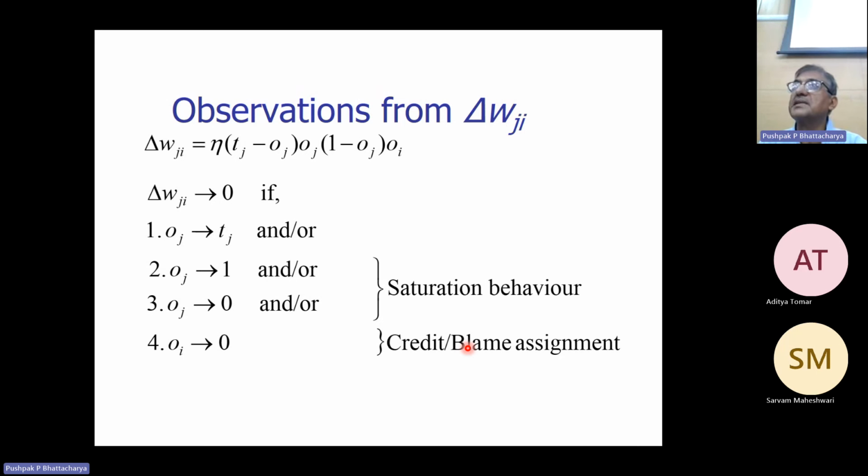Who has contributed maximum to this profit? This person should be rewarded most. So the input of the neural network which has the highest value typically bears the maximum brunt of contributing to the loss function. So the weight change rule is pretty intuitive in that sense.